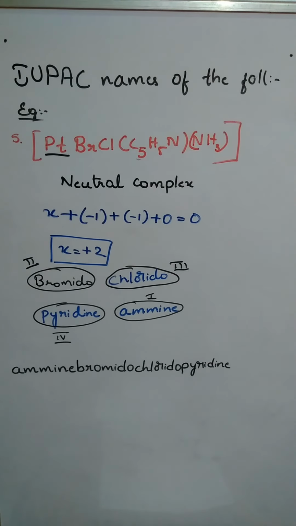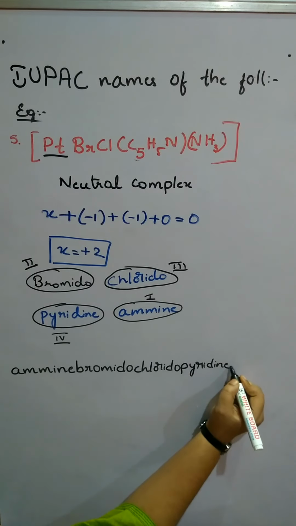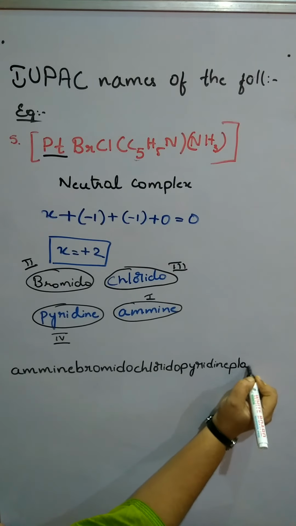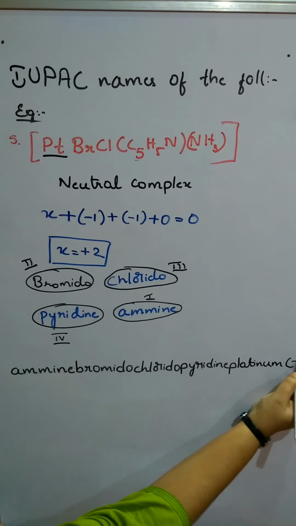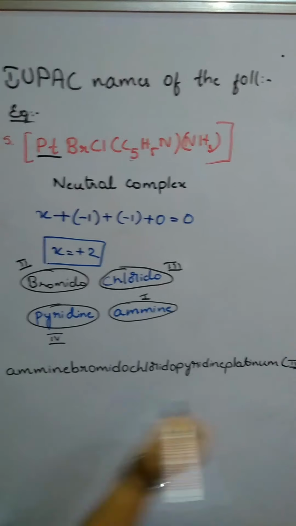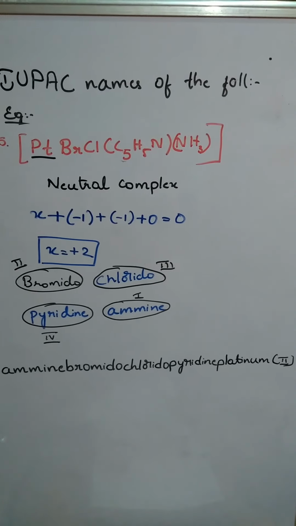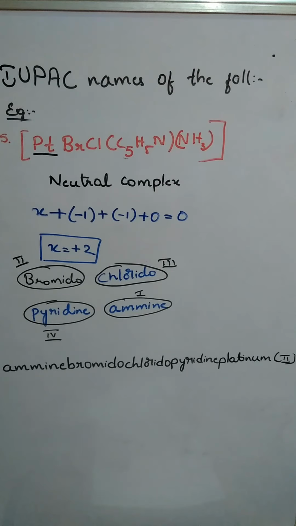So the metal name is platinum, and platinum we are going to write as it is in small letters only. Platinum, oxidation state is 2. So without any gap you should write it in a single word. Amine, bromido, chlorido, pyridine, platinum(II). So copy down properly.